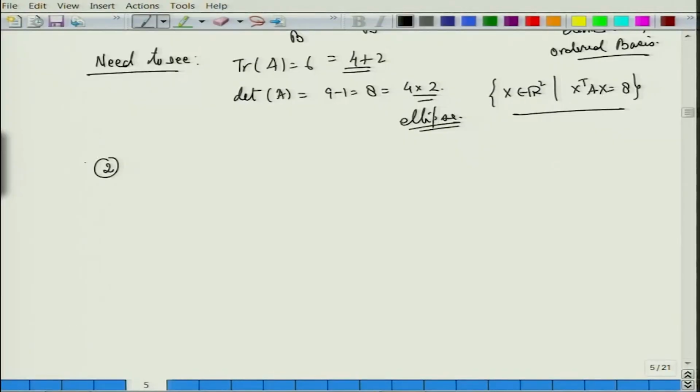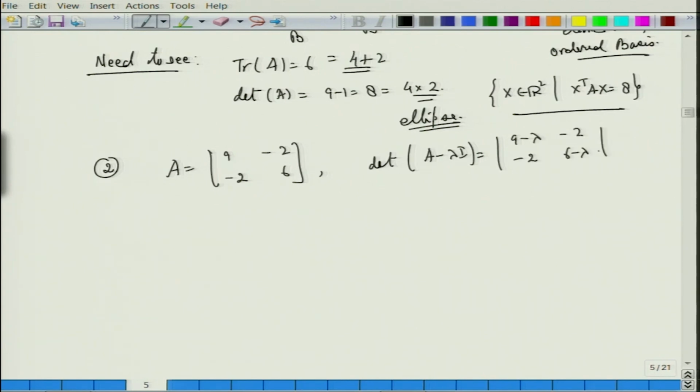This time I take the matrix A as [9, -2; -2, 6]. As done previously, we would like to compute the determinant of A minus lambda I, which is (9 minus lambda)(6 minus lambda) minus 4.